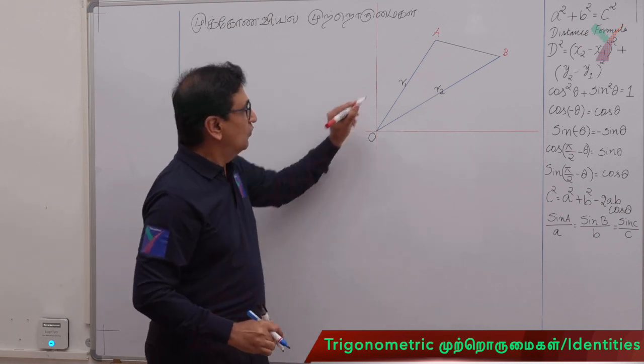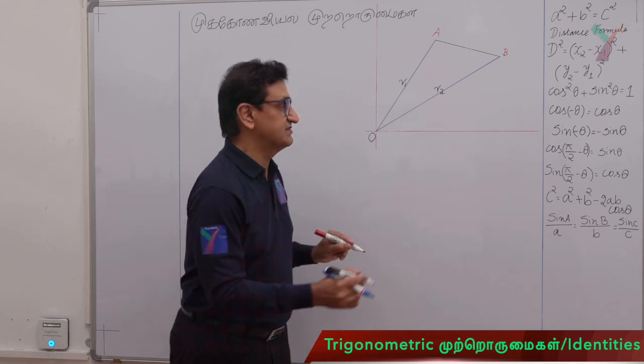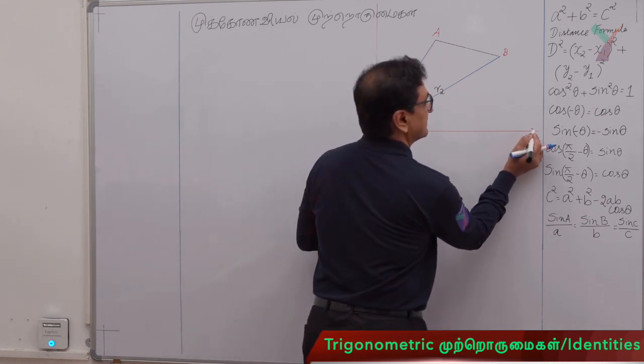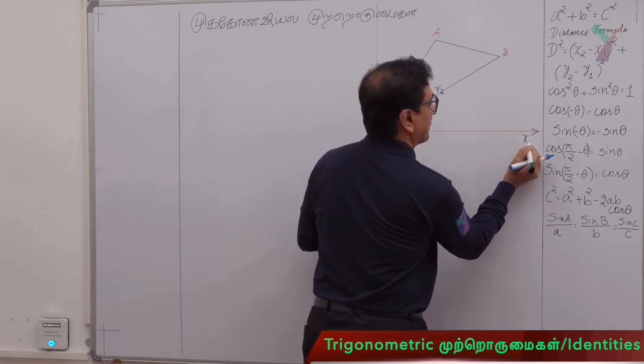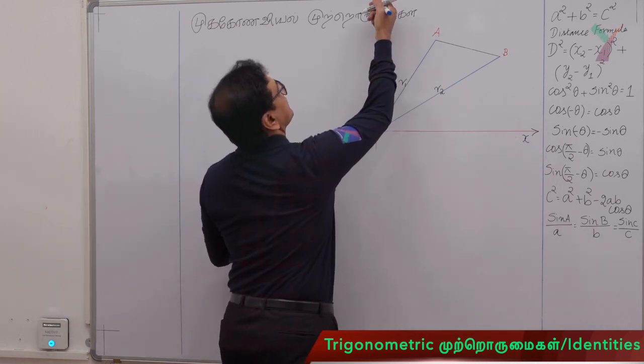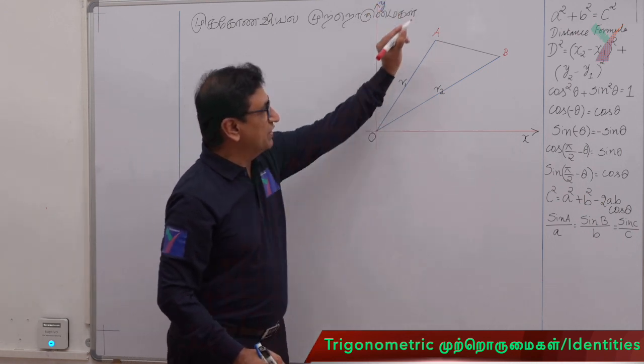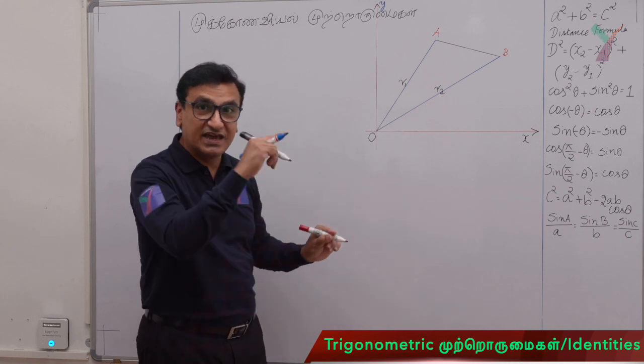And OA subtends an angle of A with respect to x-axis. This is x-axis. And this is y-axis. That is, OA line x-axis A radian la irukku.